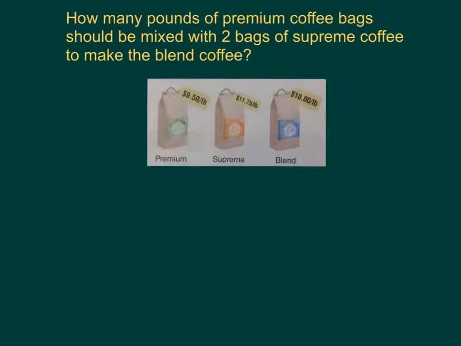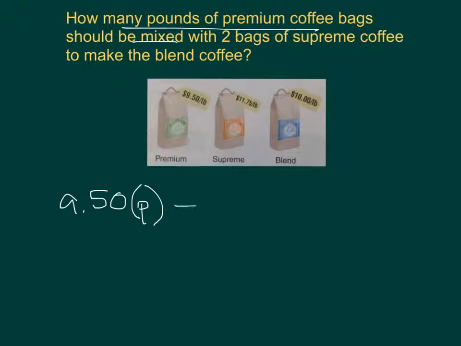So here's an example of a mixture problem. It says how many pounds of premium coffee bags should be mixed with 2 bags of Supreme coffee to make the blend coffee. So we know that 1 bag of premium coffee is $9.50. They want to know how many pounds of that you would need, so let's replace that with the variable P. So the price times the number of pounds, and then it says should be mixed.